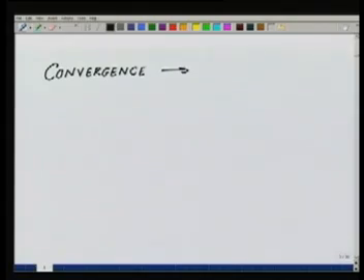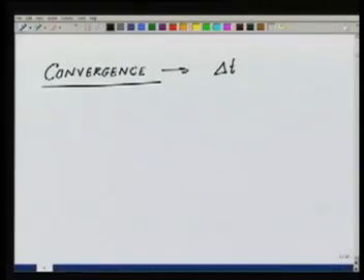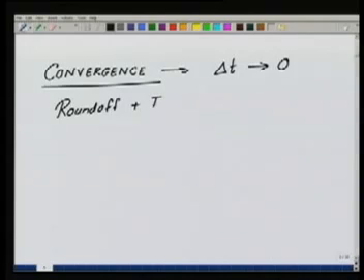The third definition is convergence. We have talked about this a lot when we were doing the static problem. By convergence we mean that as the time step size tends to 0, that is, as it is made smaller and smaller, the round off and truncation errors for this system of ODEs tend to 0.